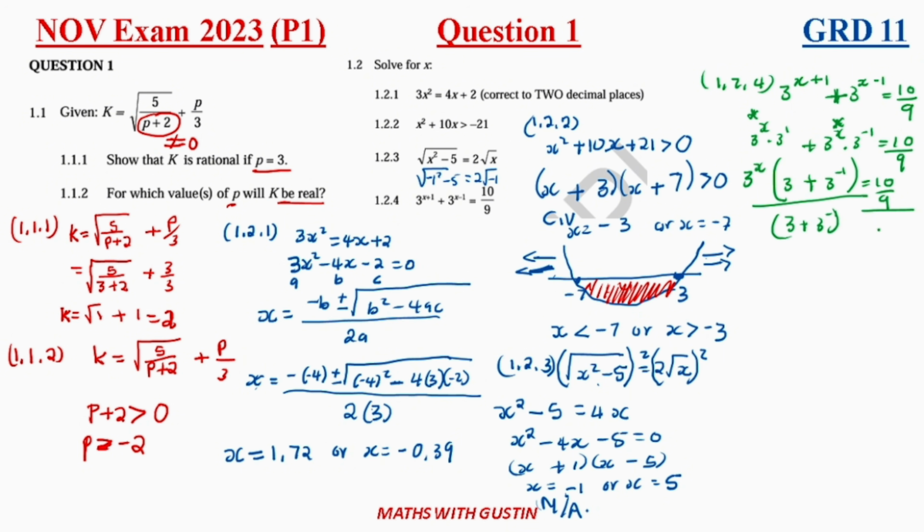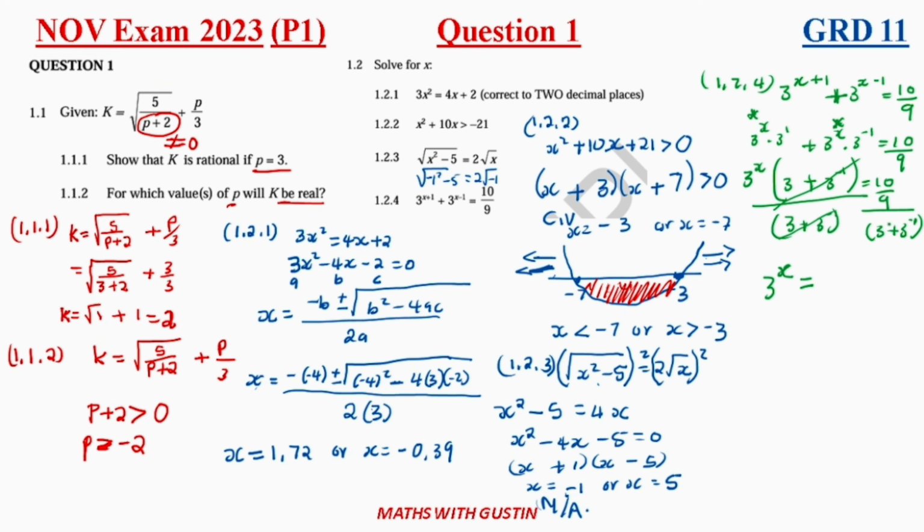Okay, you might be asking yourself, but is this allowed? Yes, of course it's allowed. This is maths. I did nothing wrong. Divide by this, divide by that, because I know that this is a number. So it means now we're going to be left with this 3 to the power of x here.